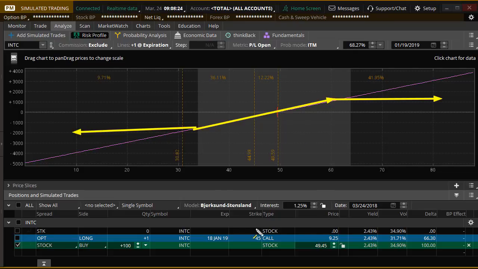We drew the P&L graph of a vertical spread. So it's very, very similar all the way through. All of these things relate to each other.